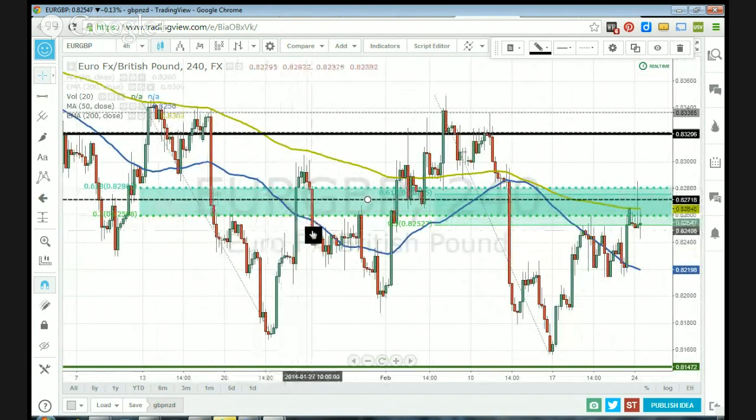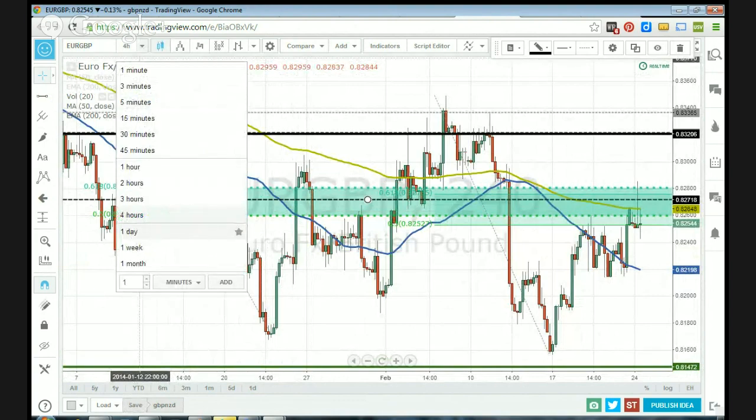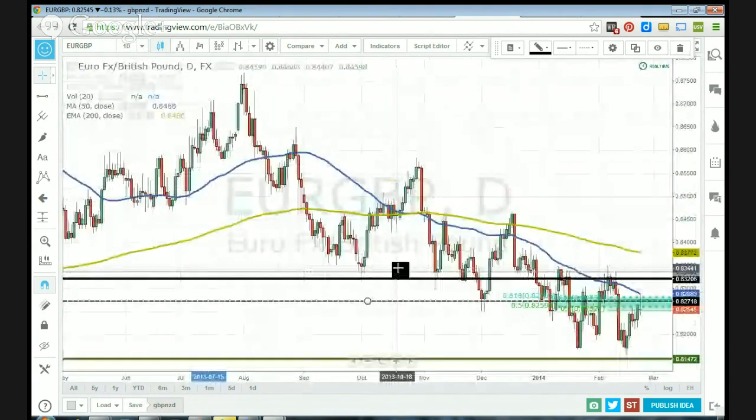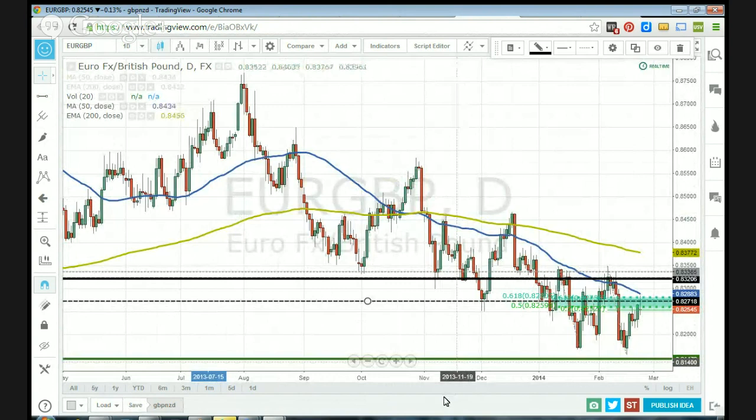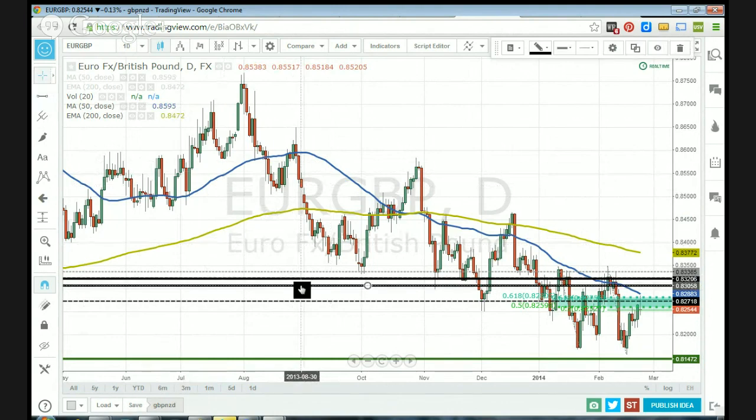Yeah, I mean, at this point, I see the logic for, I'll try again at this level here, 82.71, short there, and I'd put my stop right here maybe, 83.03, 83.05, and we'll make that line red.